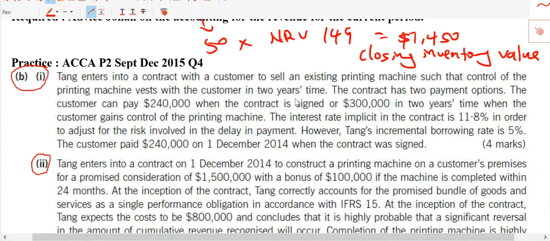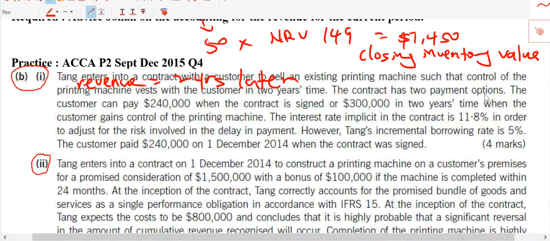When they say like this, control is transferred only 2 years later, then the revenue will be 2 years later. Not now, not a bit in year 1, a bit in year 2. No. Revenue in full amount 2 years later. Control in 2 years' time, not over 2 years.